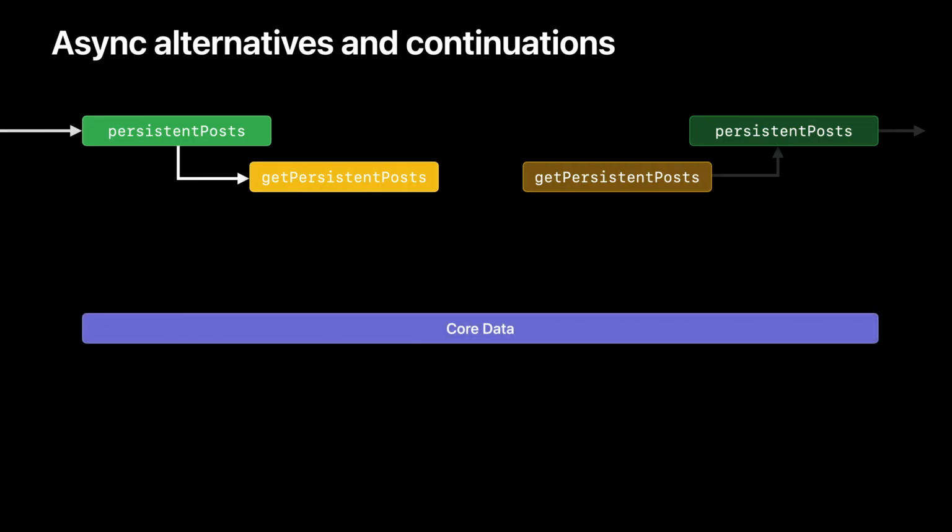Earlier, Nate showed you how Swift and the system cooperate to take care of resuming async code for us. Let's dive a little deeper into how this suspend-resume process works to see if we can come up with a similar solution for our problem. When the async version of persistentPosts is called, it calls into core data.